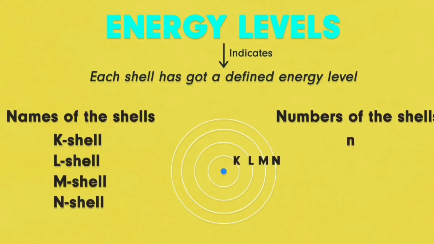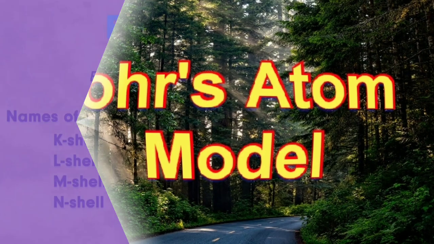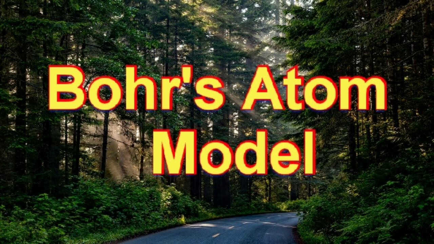When n is equal to 1, it indicates K shell. When n is equal to 2, it indicates L shell. When n is equal to 3, it indicates M shell, and n is equal to 4 indicates N shell, and so on. Keep this idea in your mind, and now we study the important points involved in Bohr atom model.